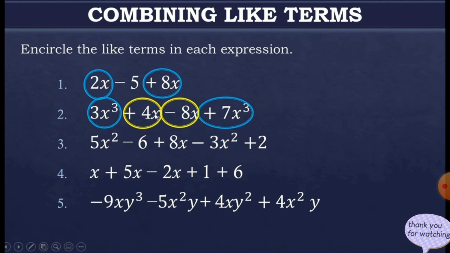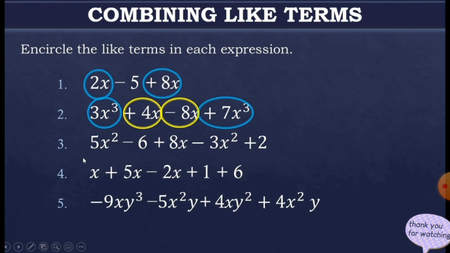So why they are like terms? Because they have the same variable, that's x, and same exponent. So magka-pares sila. So say 3x cubed and 7x cubed, they are paired. 4x and negative 8x, sila yung pares.